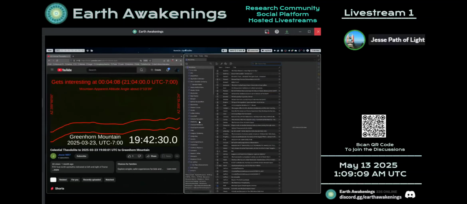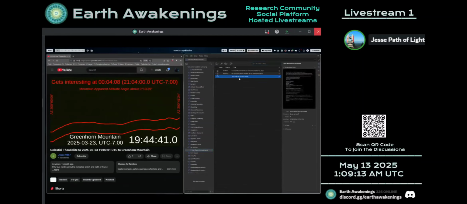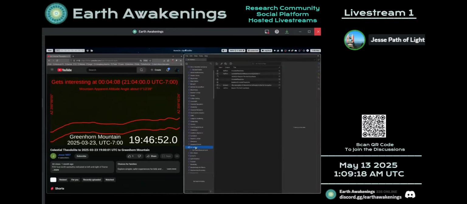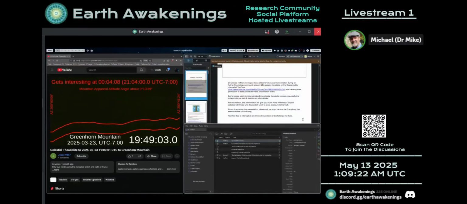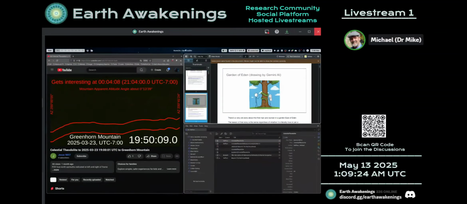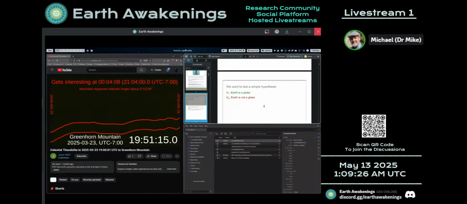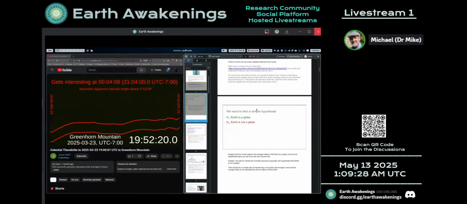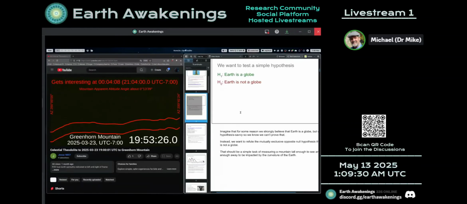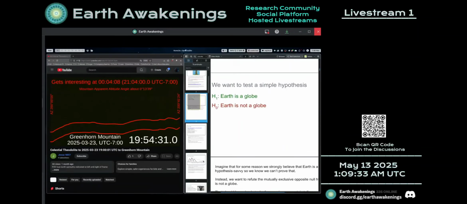Right. But couldn't it be phrased just the other way and swap the null hypothesis with the non-null hypothesis, and say, well, it doesn't match flat, therefore it must be a globe? So you can do that, and professors will teach you that if you find the exact opposite of what you expect for your hypothesis, if you can't refute your null hypothesis, just switch them.